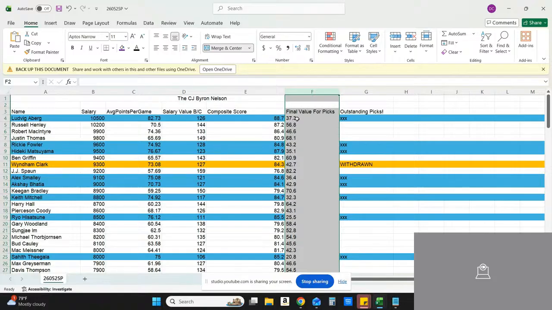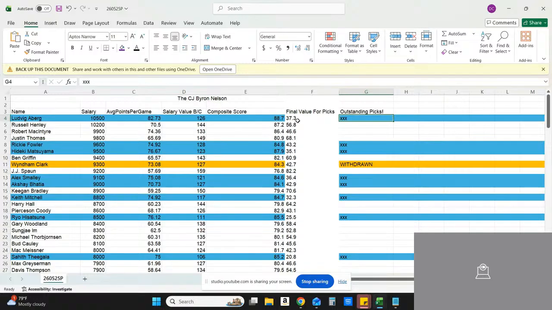The best golfers have the lowest score because it's subtracted basically from a composite score and some other methods that we use to gain this. So the final value score is the most important thing that we use to determine our best picks.